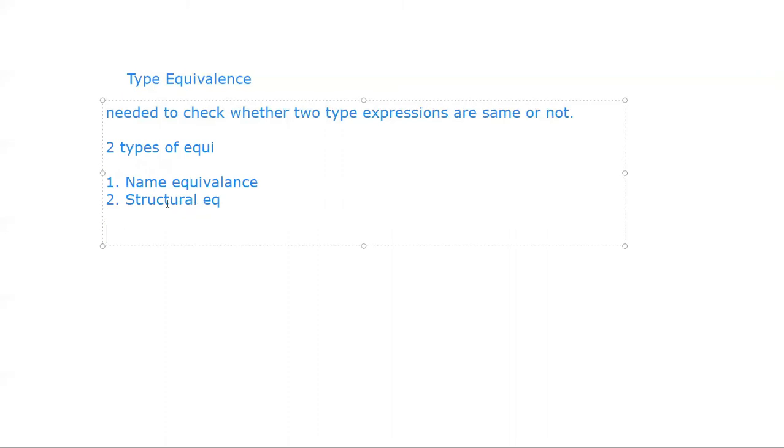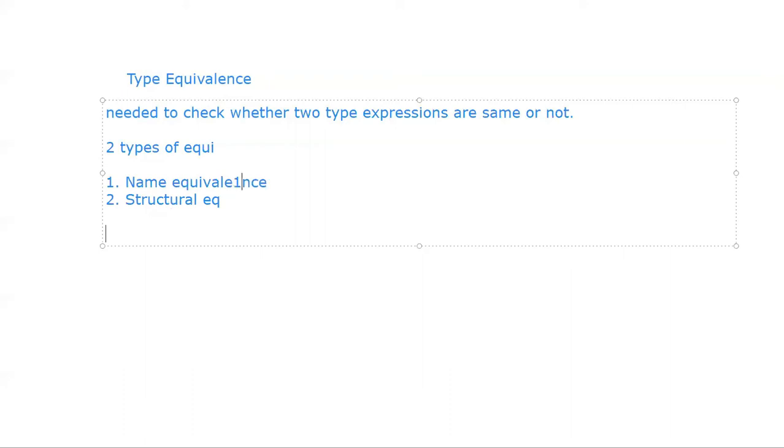When you are designing the compiler, you have to make sure that one of the equivalences is implemented in the compiler. Of these two types of equivalence, first we'll discuss both one by one, then you just see which equivalence is more required while developing the compiler.